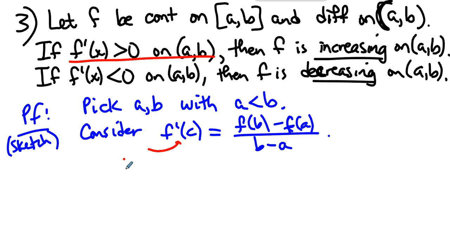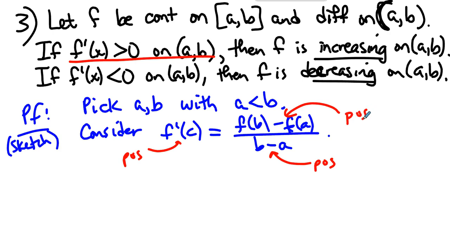Well, that means that this number is positive. And we know that A is less than B, so this number is positive, which means that this number must be positive.